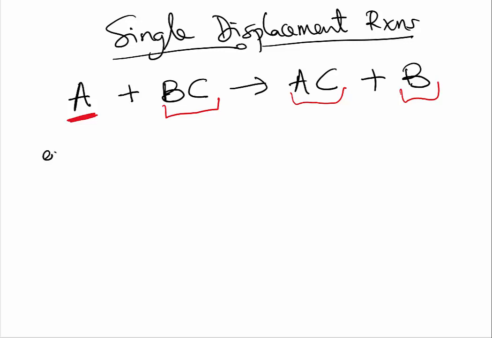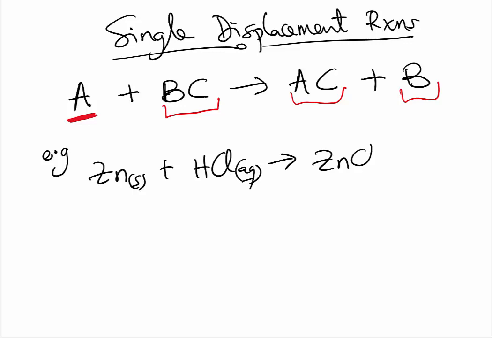An example of this is if you drop zinc metal into hydrochloric acid. Zinc chloride salts will be formed and hydrogen gas will be bubbled out.